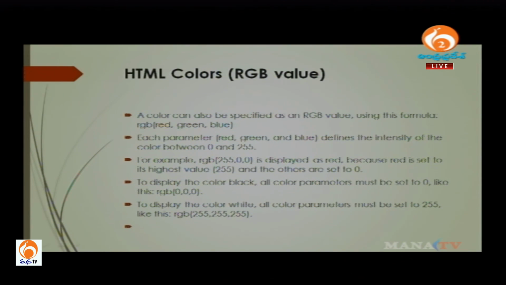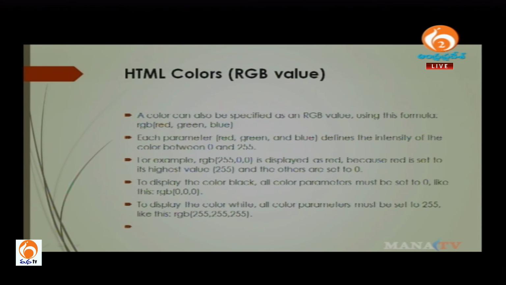For example, RGB(255, 0, 0) is displayed as red, because red is set to the highest value 255 and others are set to 0. To display the color black, all the color parameters must be set to 0, like RGB(0, 0, 0). To display white, all the parameters must be set to 255, like RGB(255, 255, 255).